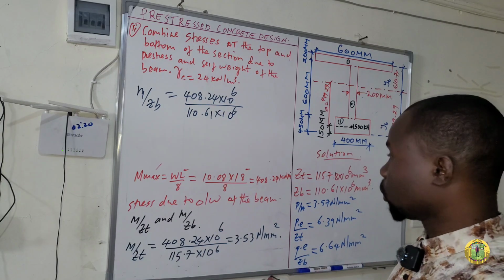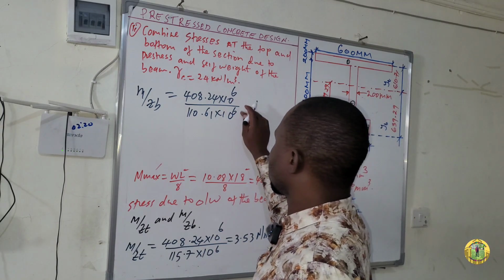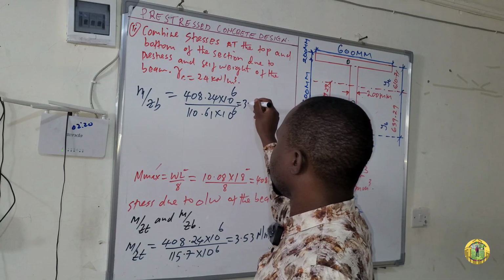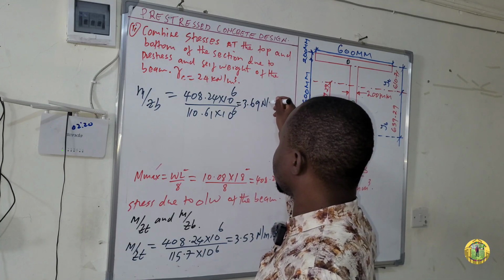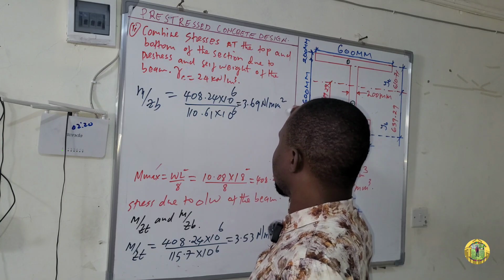So this one is equal to 3.69 Newton per millimeter square.